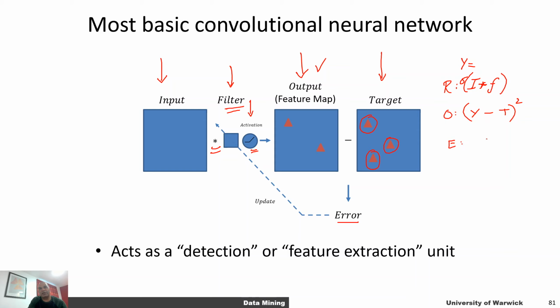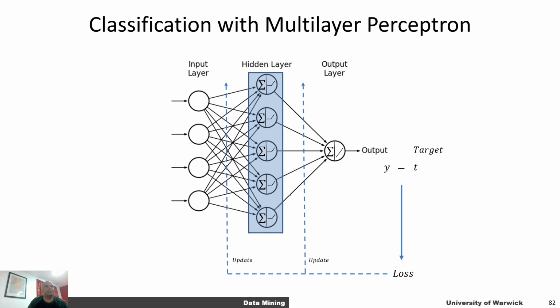Once we get that error signal, we want to take the derivative of this error with respect to the filter weights, and we can use this signal to update our filter weights. That's the process that we did, and we can use the same process to build even more complex detection or classification models, and that's what we are going to discuss next.